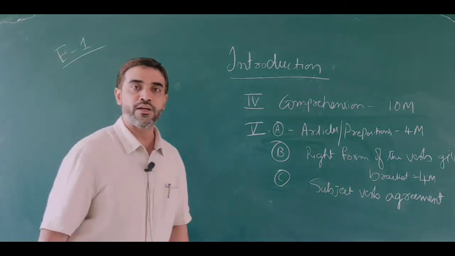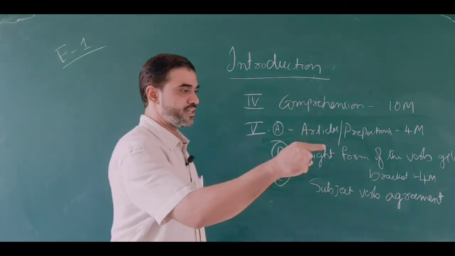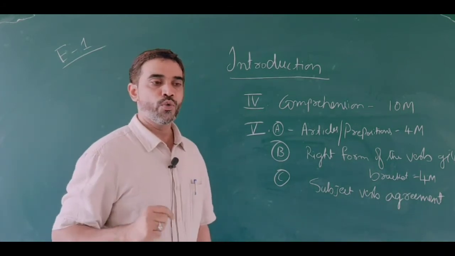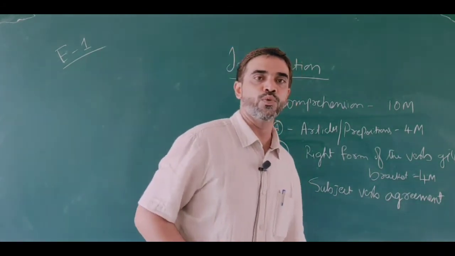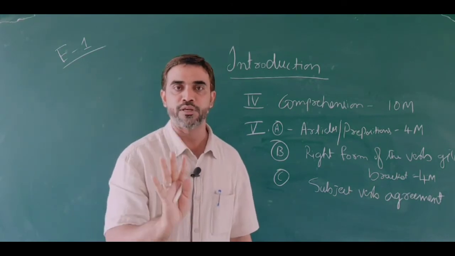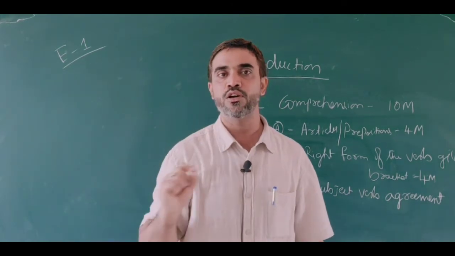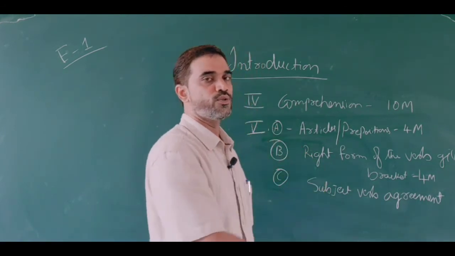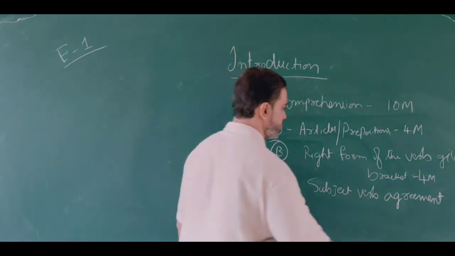Subject verb agreement. The subject is given there and that subject has to agree with the verb. 2 and 2 is 4 or 2 and 2 are 4. Example I am giving you. 2 and 2 is 4 or 2 and 2 are 4.